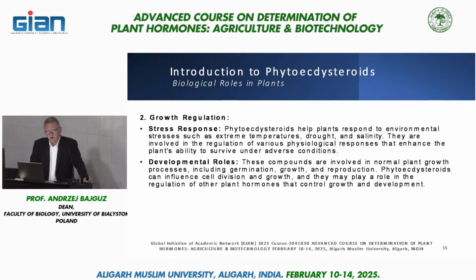Phytoecdysteroids may also affect plant hormone signaling, particularly in coordination with auxins, cytokinins, and brassinosteroids. Some evidence indicates that they can promote root development, particularly under stress conditions.